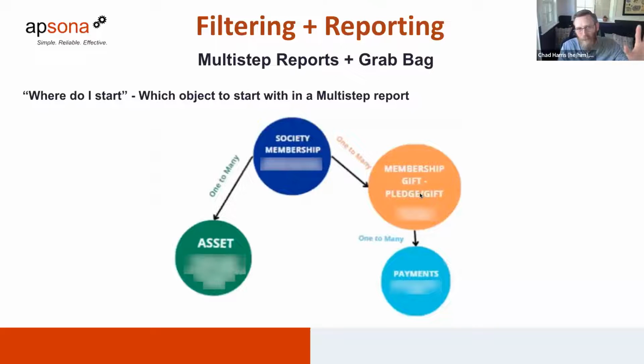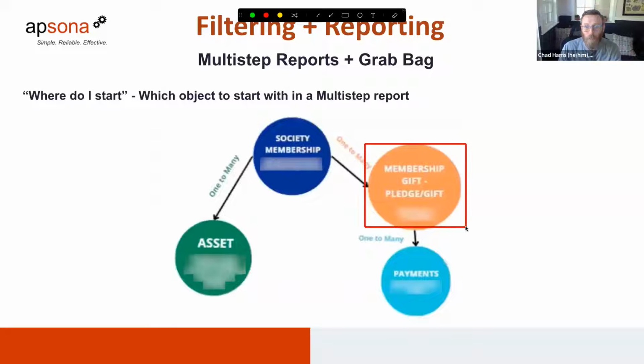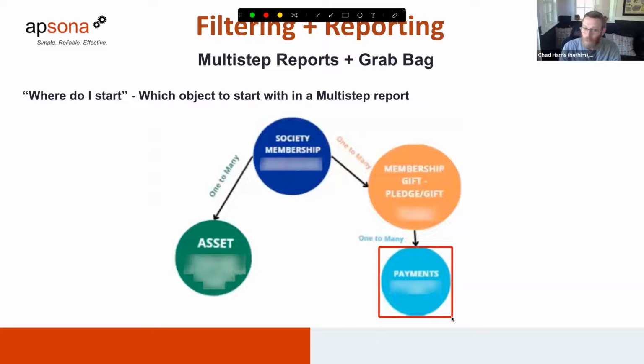We've talked about that in past sessions, and it's going to live on that tab, on that object. And then what I could do is I can create a filter. I could start from society membership. I can create a filter that says, show me society memberships where the gift pledge ID is in filter, blah, blah, blah. And that will take care of the filtering on the payment that we need.